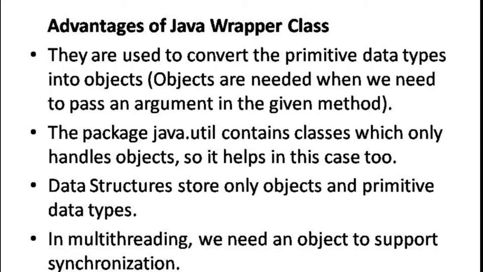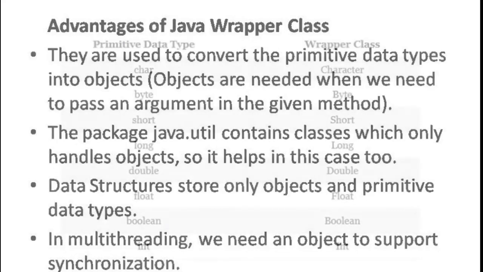So we have to convert those primitive data types into wrapper classes, or we can directly use the predefined wrapper classes as arguments to the methods in the java.util package. Then data structures store only objects and not primitive data types, and in multi-threading we need an object to support synchronization. For that purpose also, wrapper classes are quite useful.